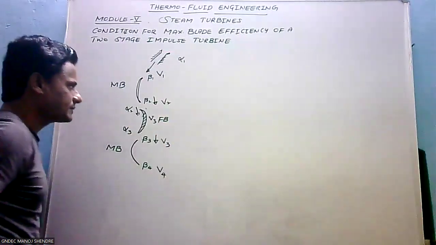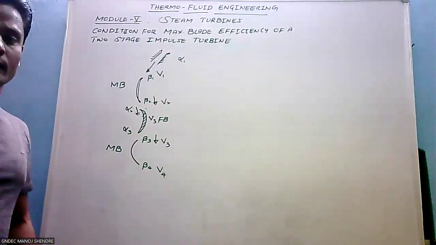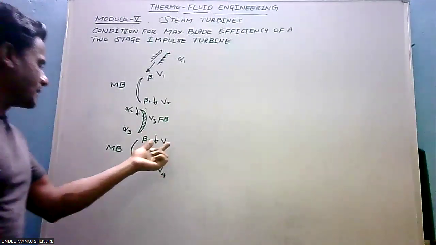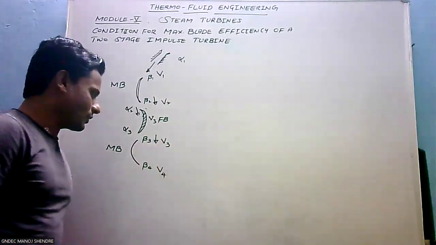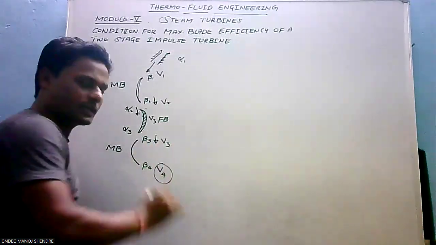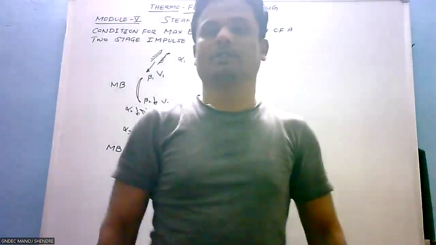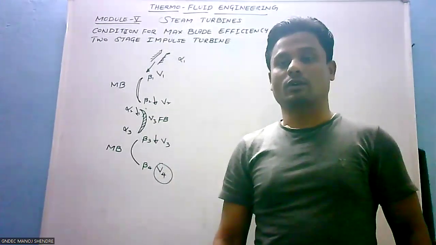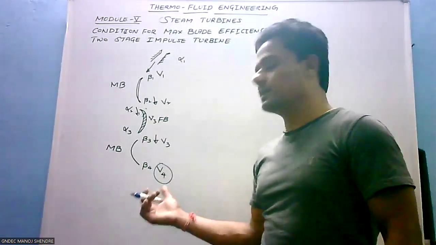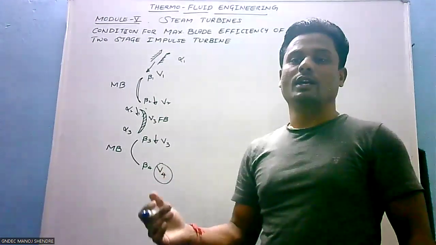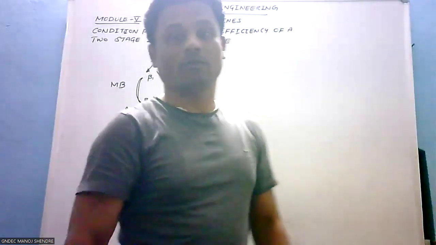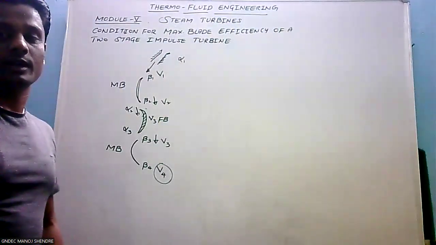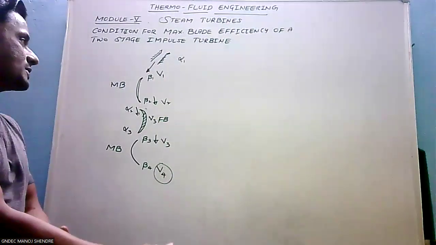Already we have taken it. Now this is V3 and this will be V4. And we are assuming that theoretically V4 is always equal to 0. It does not experience any kind of velocity while coming out from the last row of moving blades. This is a condition for maximum blade efficiency.